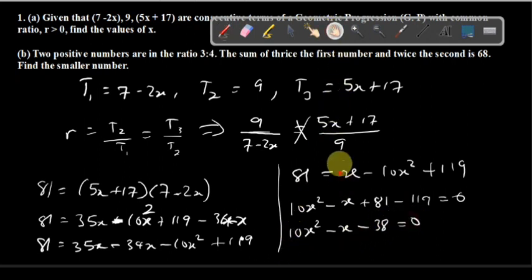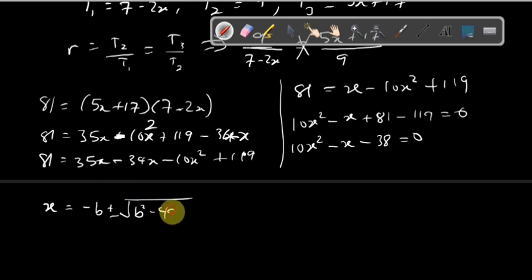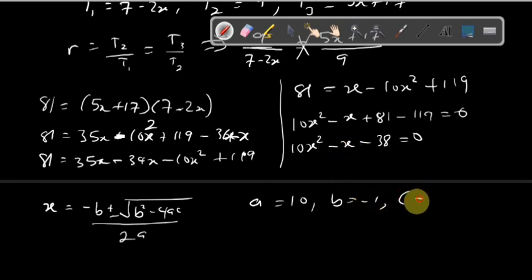So from here, we can actually factorize this. But I think the simplest way to get to the values of x is to use the quadratic formula. And we know that the quadratic formula gives us x equals minus b plus or minus the square root of b squared minus 4ac, all over 2a. Here, our a is equal to the coefficient of x squared, that's 10. And b is equal to the coefficient of x, that's minus 1. c is equal to the constant, minus 38.